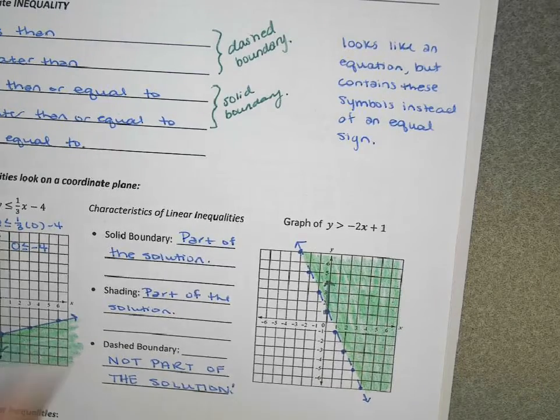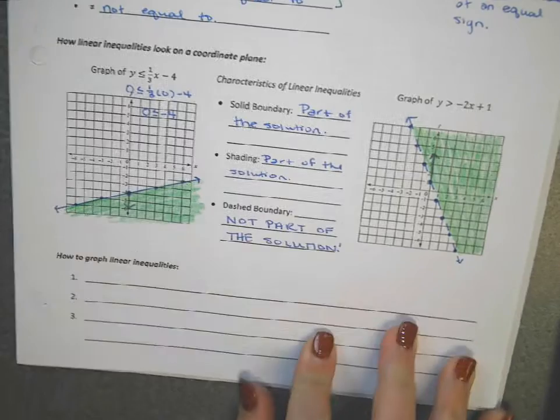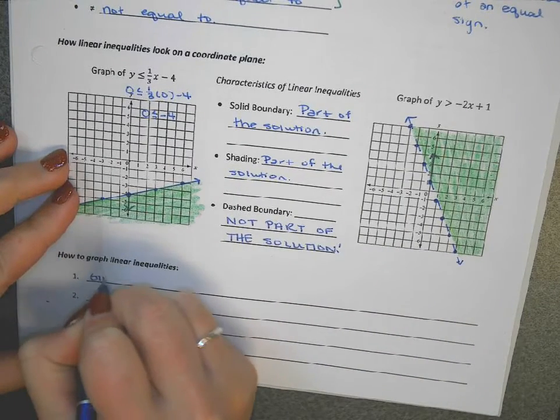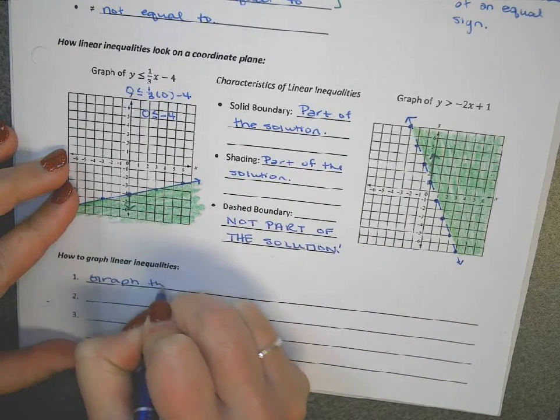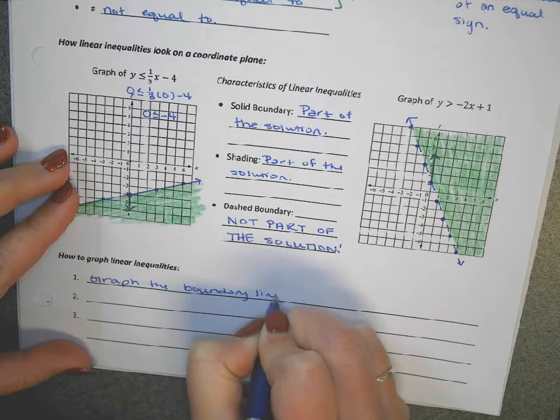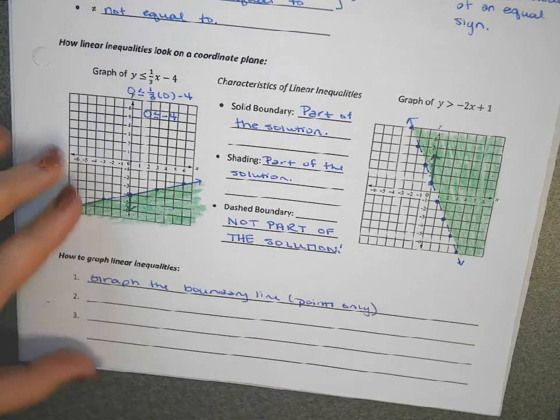So when we graph linear inequalities, our steps that we follow are 1, graph the boundary line. And at that point, you're just doing points only. Okay?